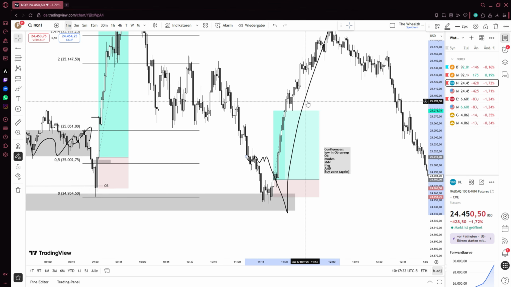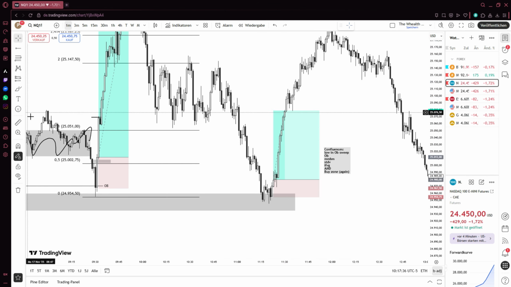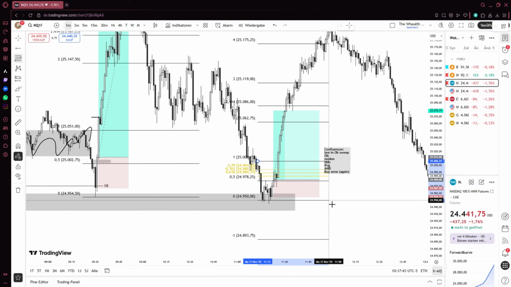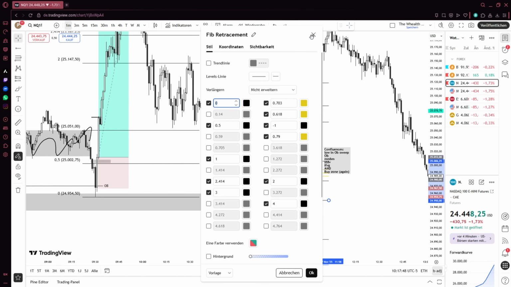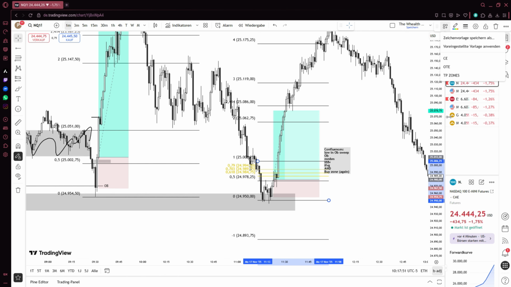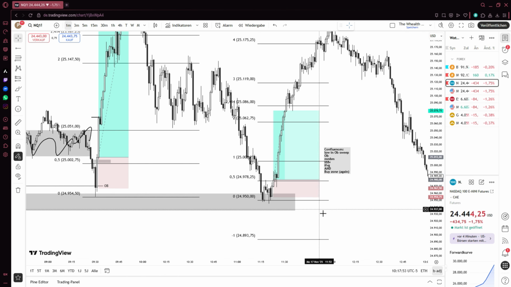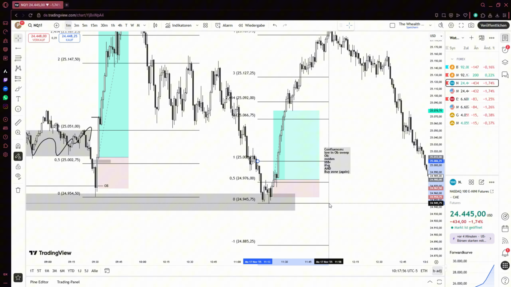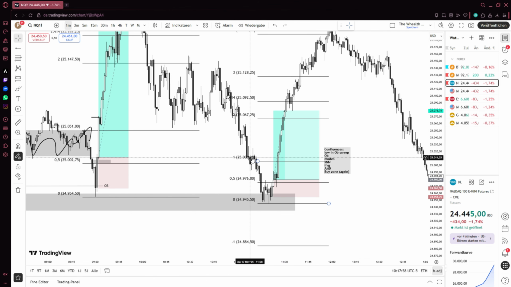This would have been a way better trade than this garbage, because you don't really know where to anchor your standard deviations. You can anchor them here. You could anchor them here. TP zones, yeah. You could anchor them here, from this high to this low.